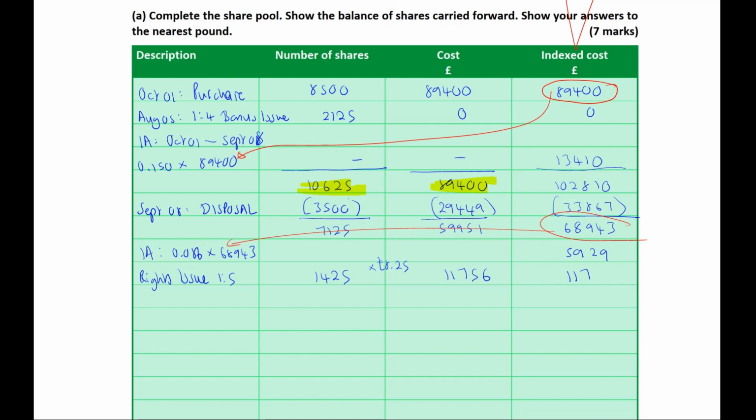So the cost of those gets added to the cost column as well as the indexed cost column. I can then subtotal everything.